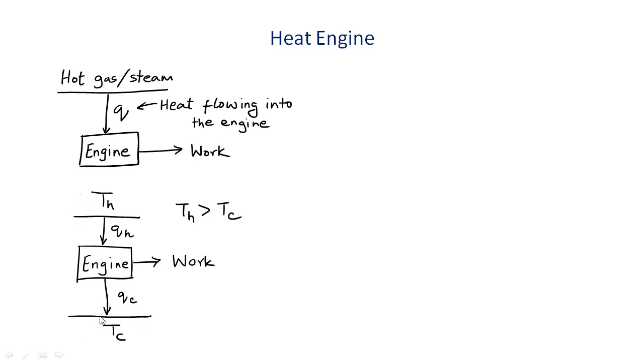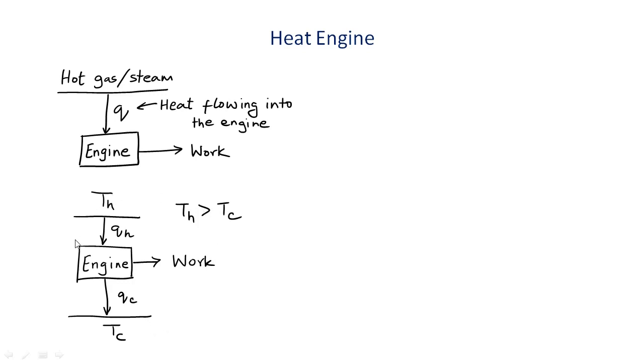The reason these are called reservoirs is that their temperatures are constant. In the case of an automobile engine, these temperatures are constant, assuming the flow of the fuel-air mixture is constant.